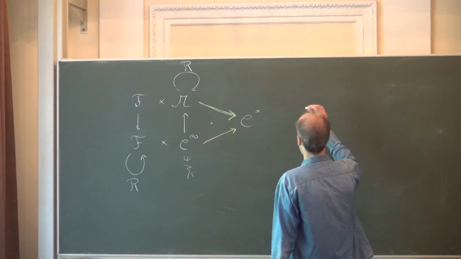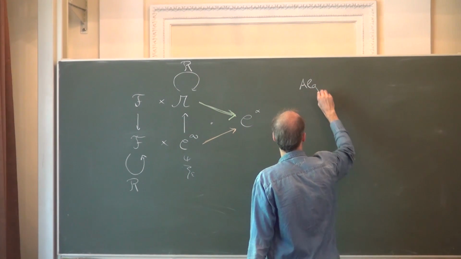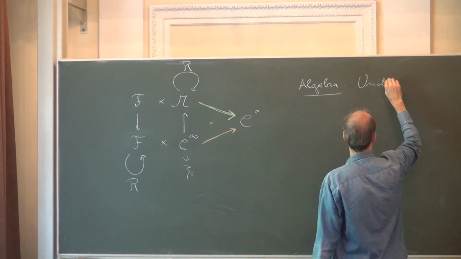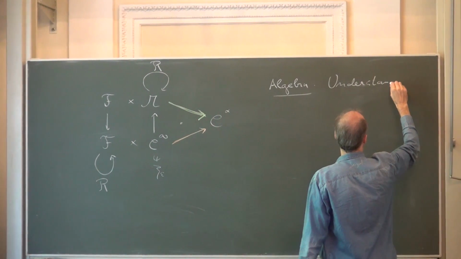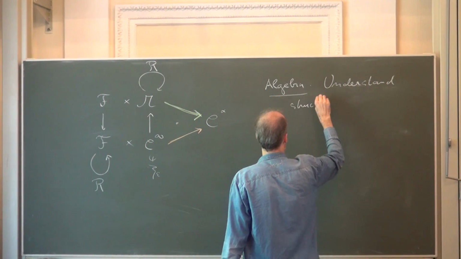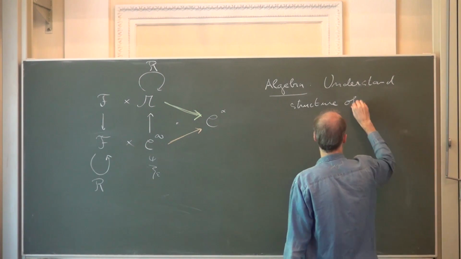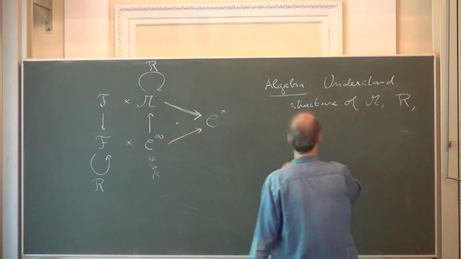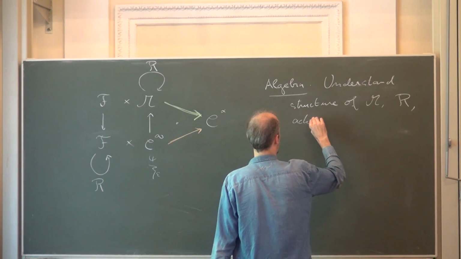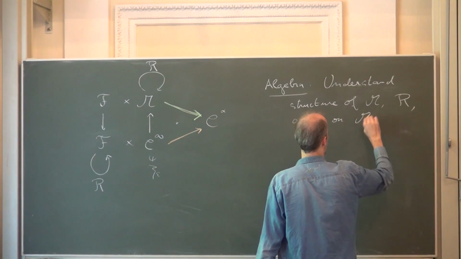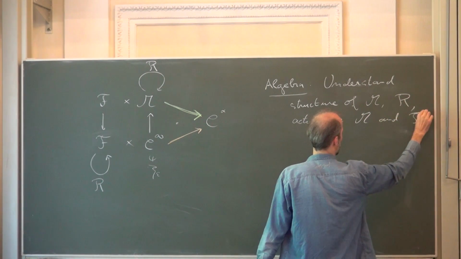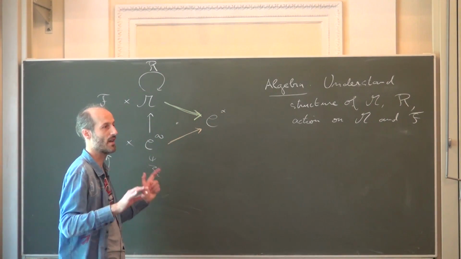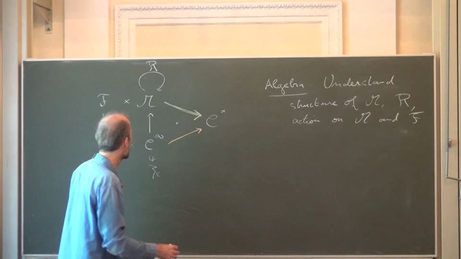So there's one problem which is basically algebra, and that is to understand the structure of M, of this group R and its action on M and the space of right-hand sides. Okay, so this is a purely algebraic question. It's sort of a structural question.